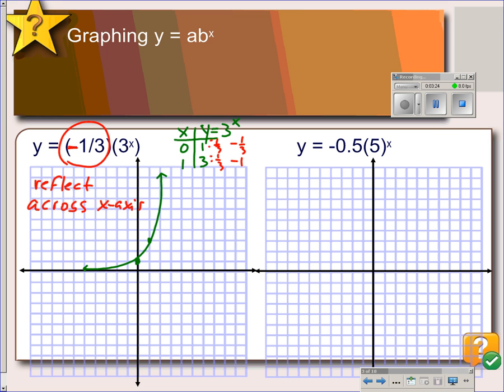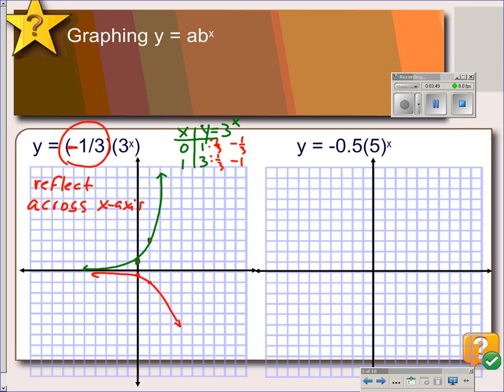So the point that would have been at 0, 1 for the parent function is now at 0, negative 1/3. The point that would have been at 1, 3 for the parent function is at 1, negative 1 for the translated function. Our curve still approaches the x-axis on the left, but now it curves below the x-axis.